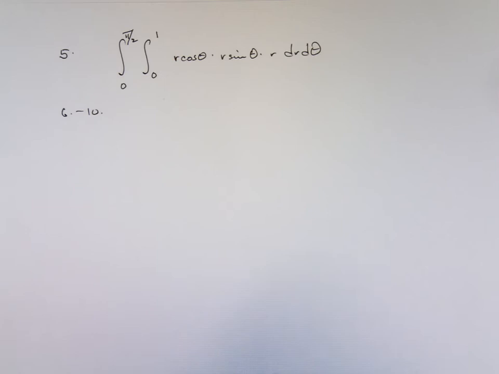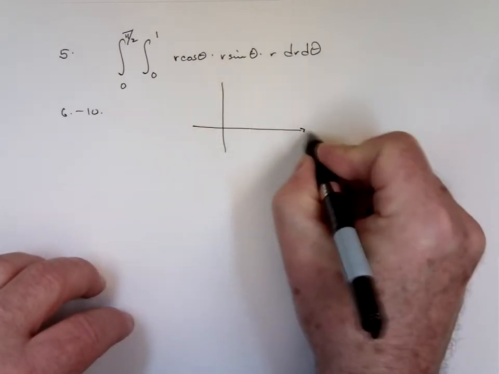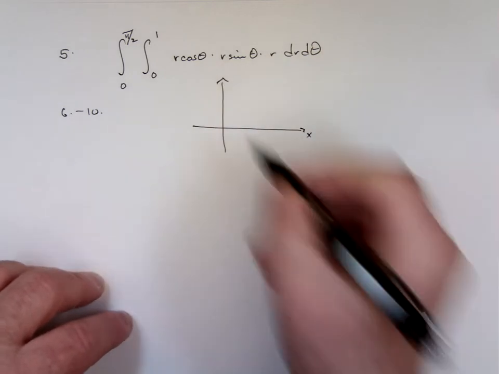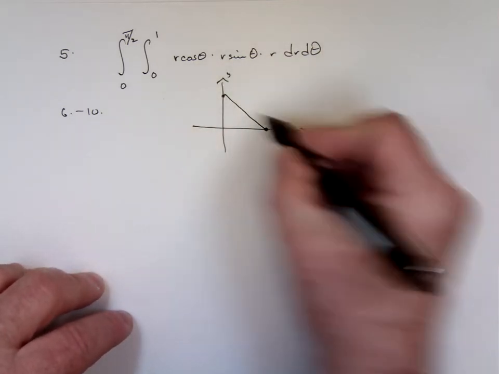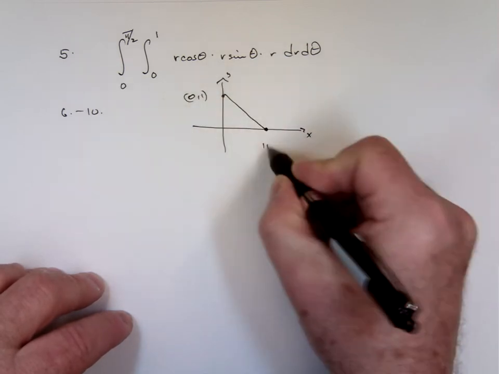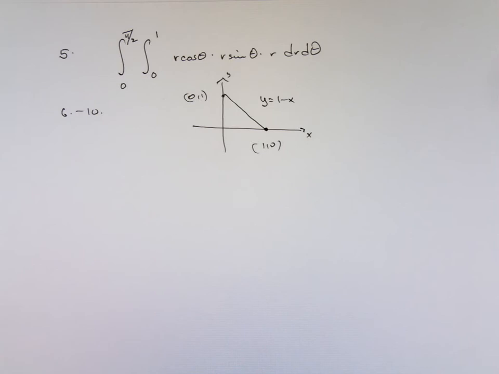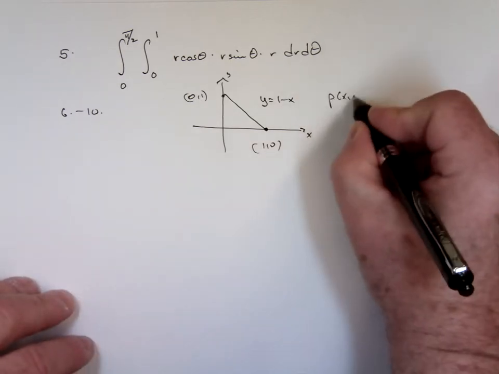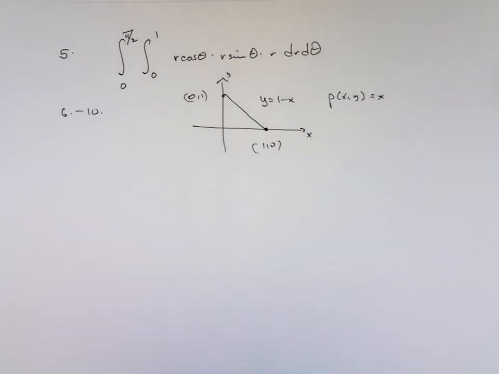6 through 10. Given the triangle y equals 1 minus x. Oh, this one's a pain in the neck because we have to actually do the thing out. All right, here we go. I might as well just do it here. We have a density function. That's x. Okay. All right.